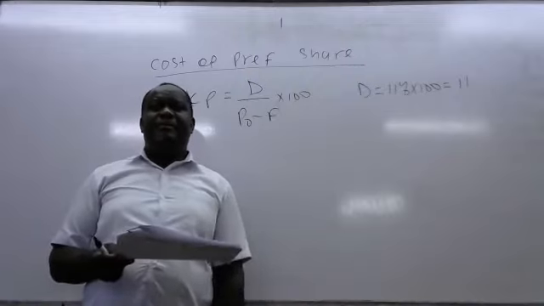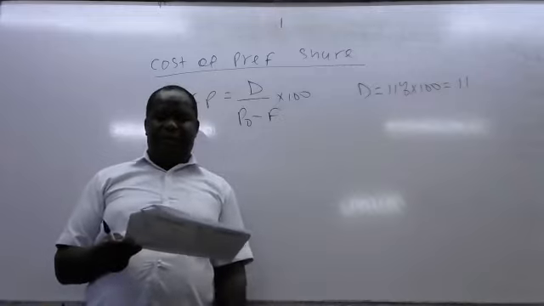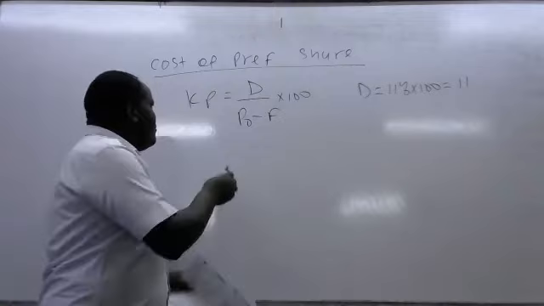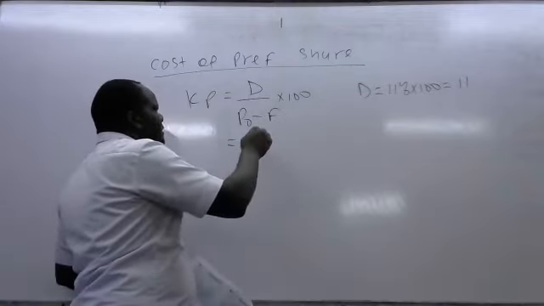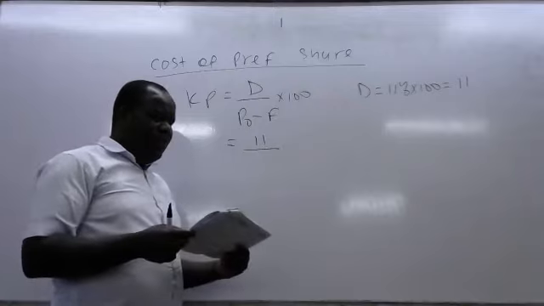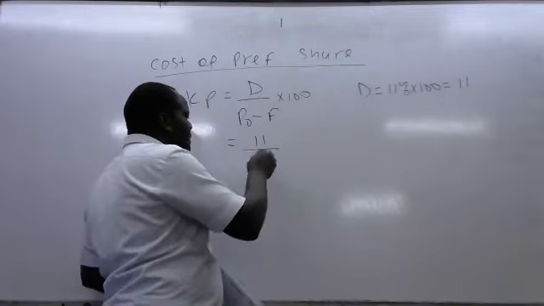That means the current market price is also the same as the par value. You are given a flotation cost of 5 shillings. So now we can compute our KB. Dividend is 11. PO has been given as the par value, which is 100.